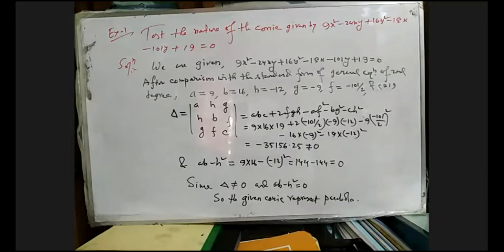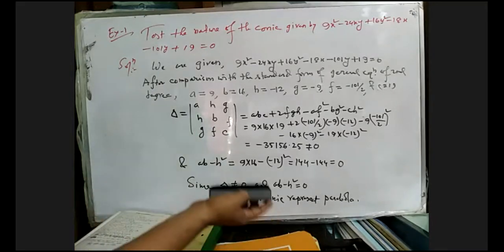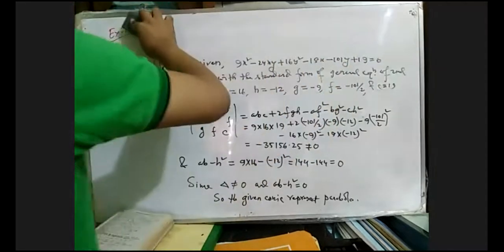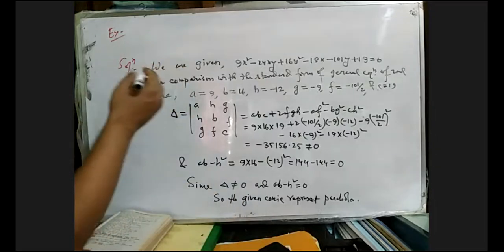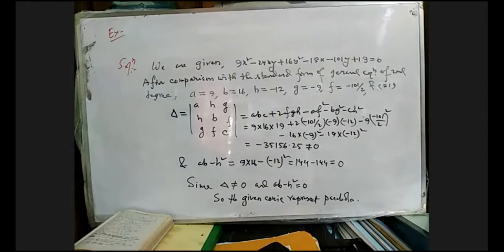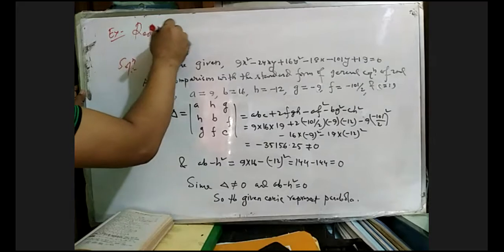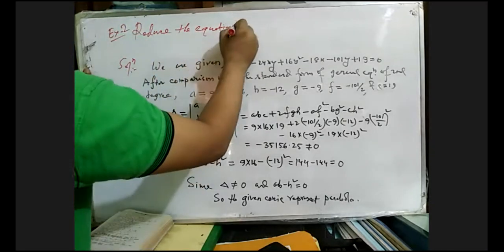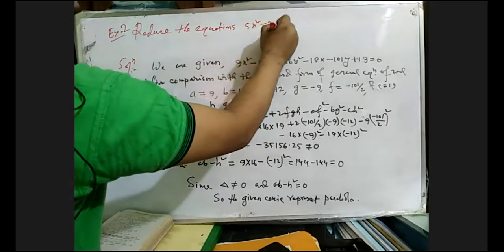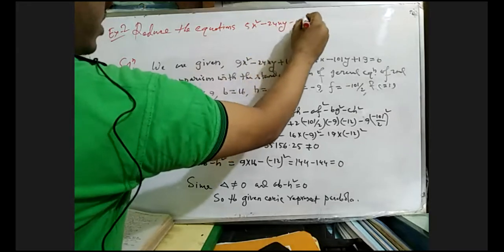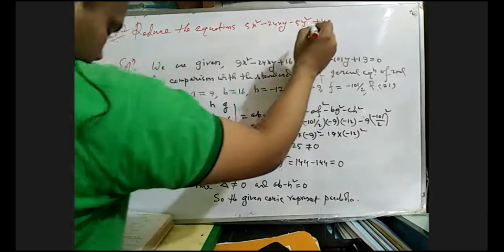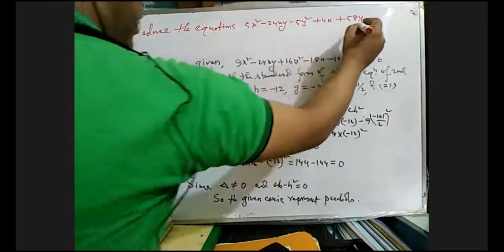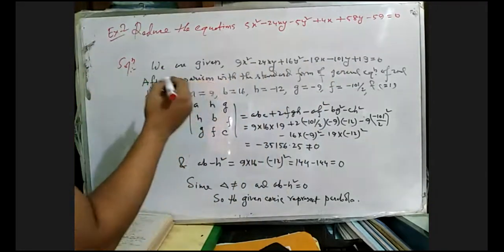Now another example, example 2. Reduce the equation 5x square minus 24xy minus 5y square plus 4x plus 58y minus 59 equals 0 to the standard form.